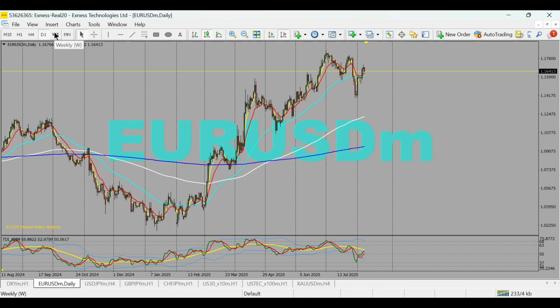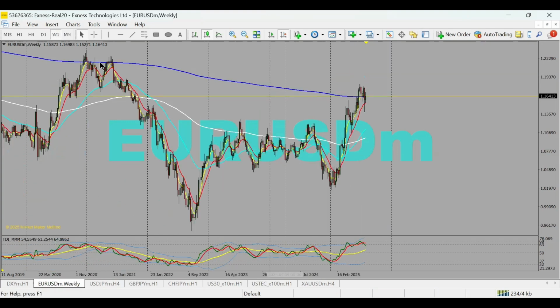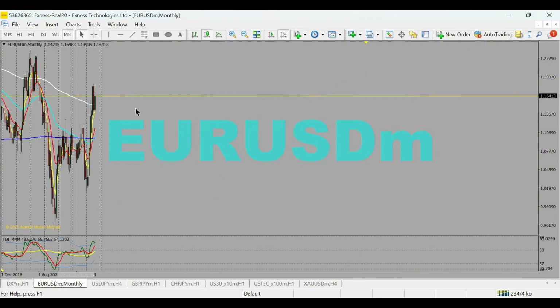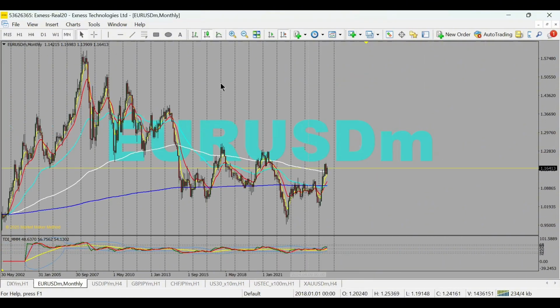Right, let's have a look at EURUSD. I love to have the higher time frames in play so that I can have a directional bias for the long term. So this is the EURUSD monthly time frame, and what we can see is that EURUSD is now in an up phase.